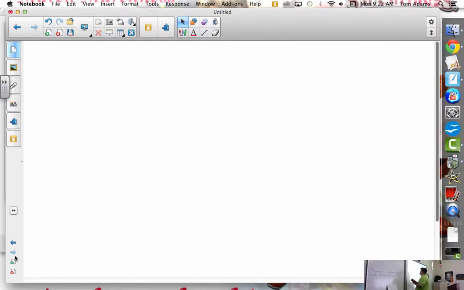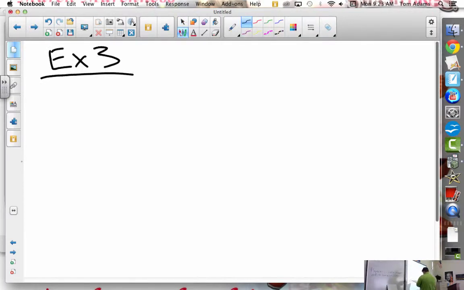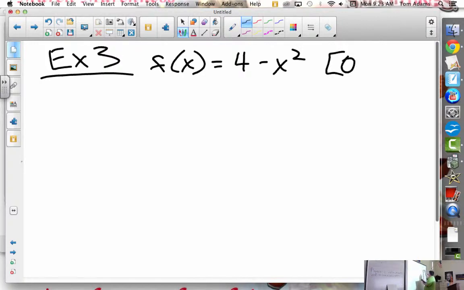So for example number 3, they give us the function f of x equals 4 minus x squared, and they want us to find the average value on the interval 0 to 3.